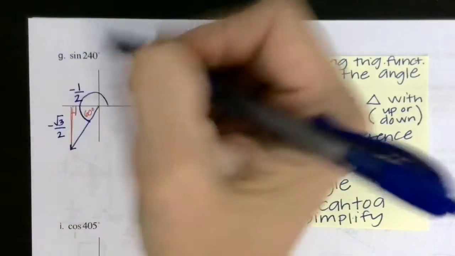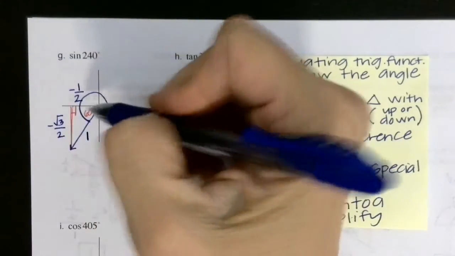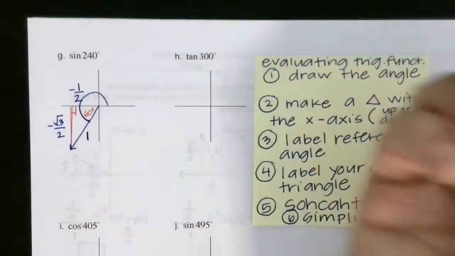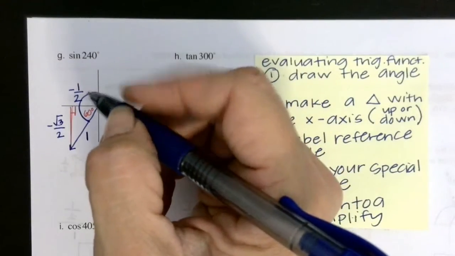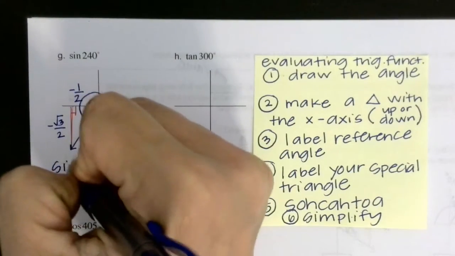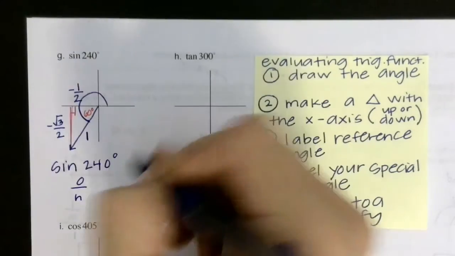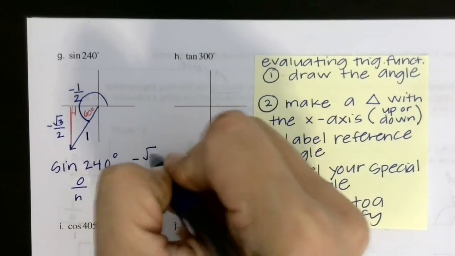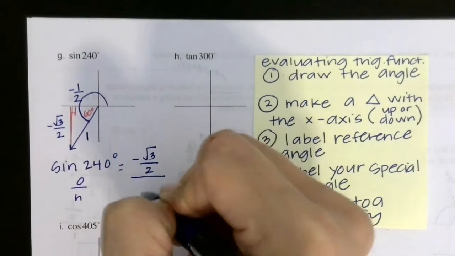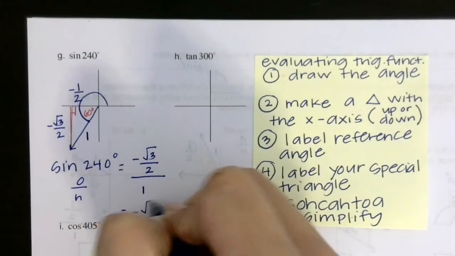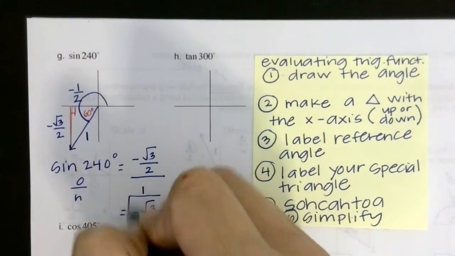Up here will be negative 1/2, and this will be 1. And again, this is negative x and negative y. And then let's do sine. So sine of 240 degrees, a sine is opposite over hypotenuse. So we have negative root 3 over 2 all over 1, which is negative root 3 over 2.